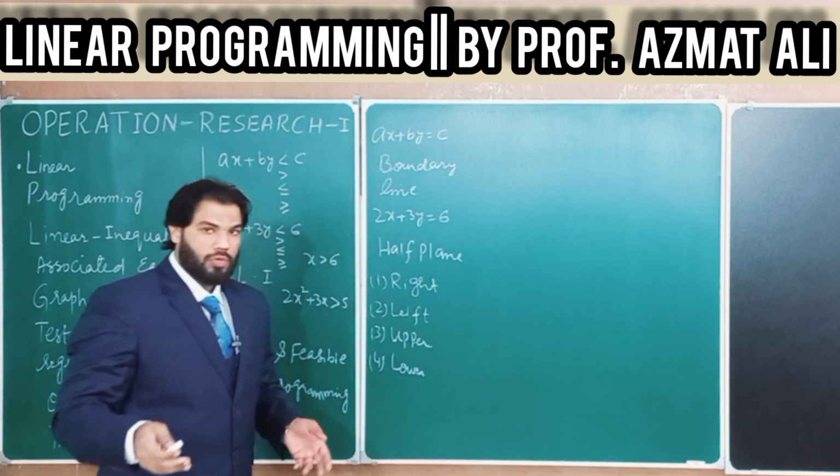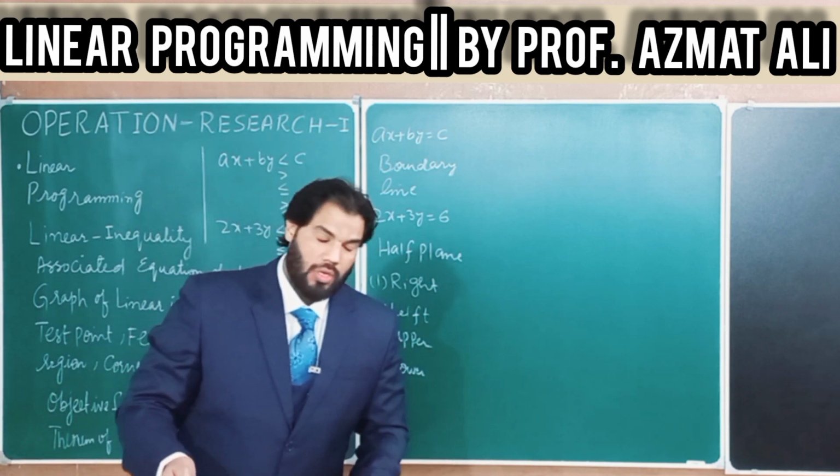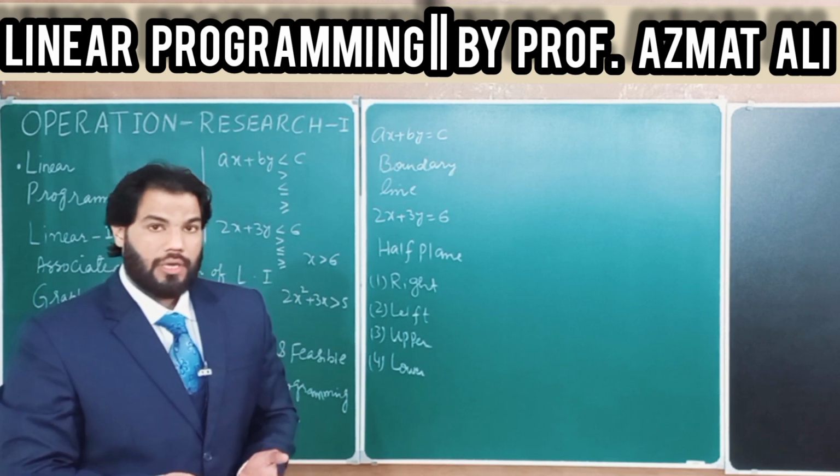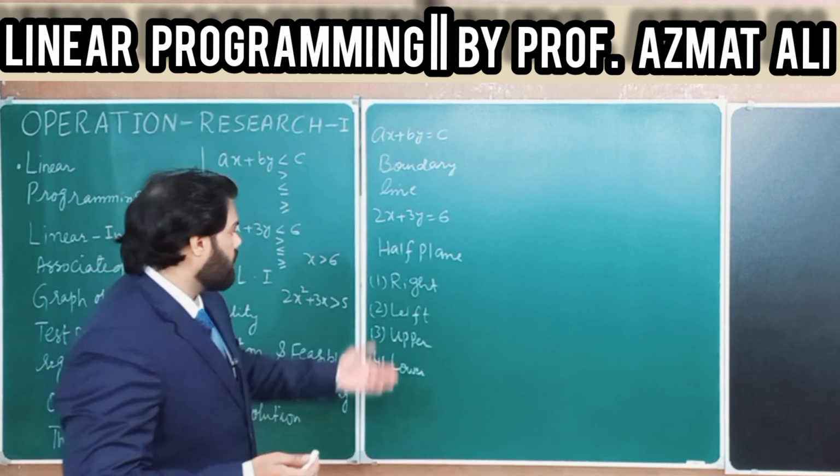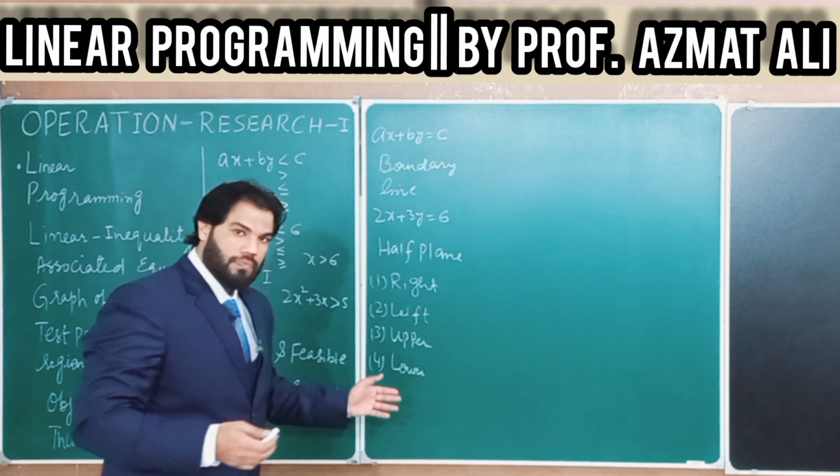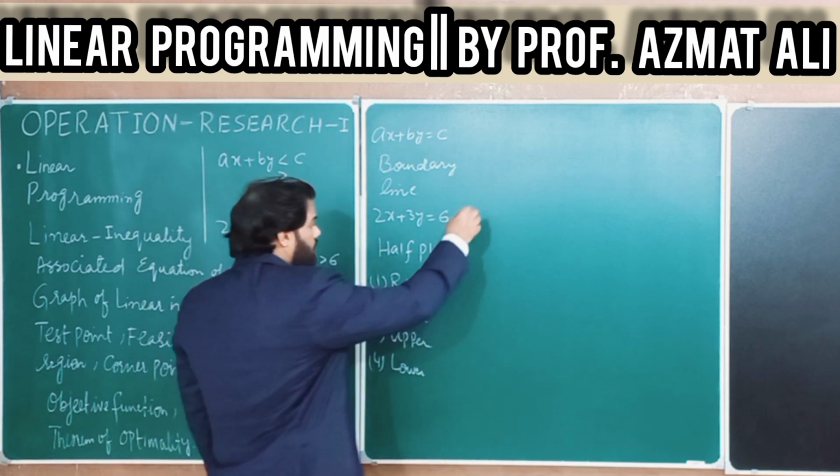So there are the four types of a half plane. Always the graph of a linear inequality is of one of the four types.